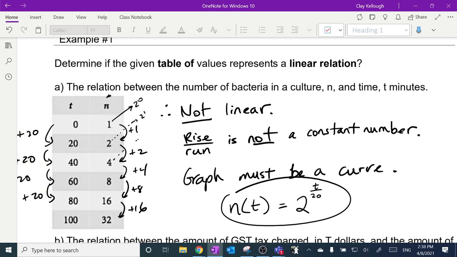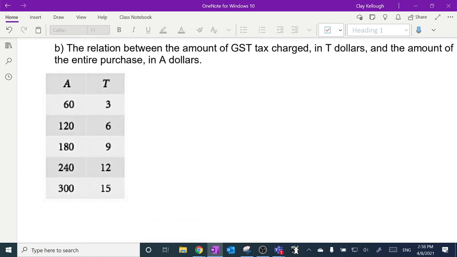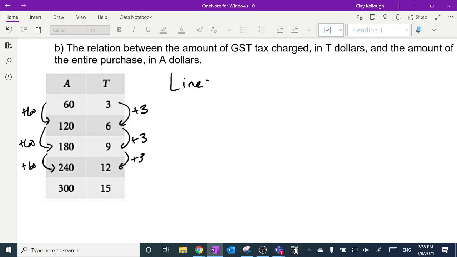That is definitely not linear. What about this guy? This one definitely is linear. Let me prove it to you. I go up by 60, and I go up by 3. I go up by 60, and I go up by 3. See the nice pattern here? For every 60 I go up 3. So it is linear, right?